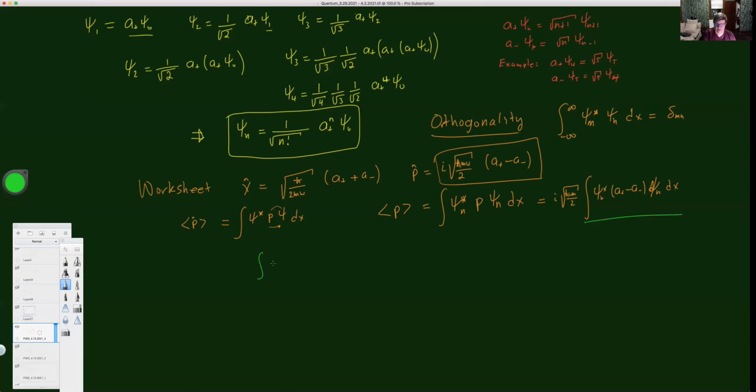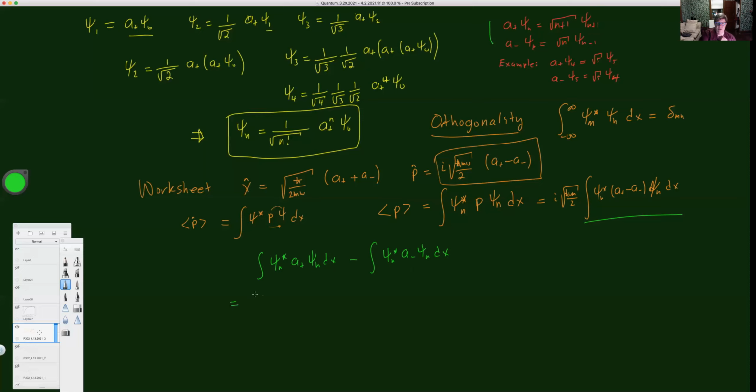We have the integral psi n star, a plus psi n dx, and then minus the integral psi n star a minus psi n dx. Well, we know what a plus and a minus do now. So a plus on psi n, I know exactly what to put there.